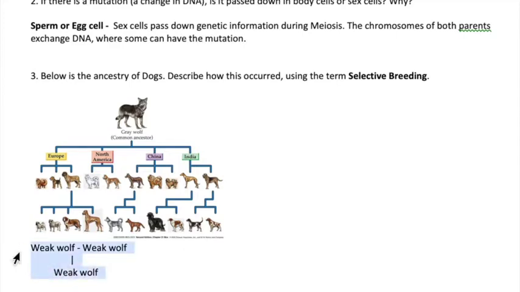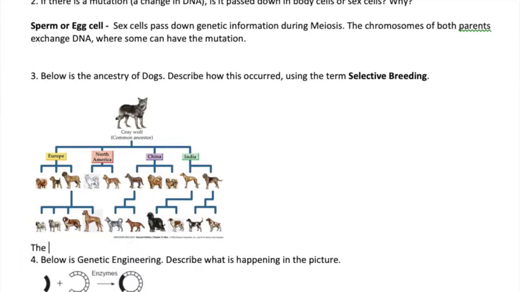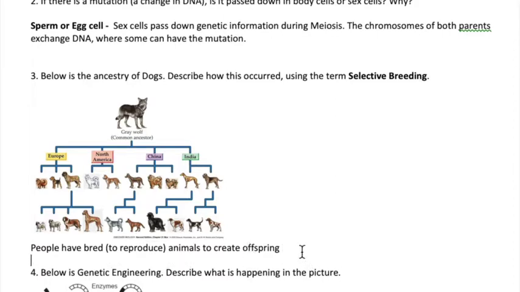So how can we write this as a sentence? People have bred, so bred means to reproduce. People have bred animals to create offspring. And remember, what did offspring mean? Baby. People have bred animals to reproduce offspring that have desirable traits.